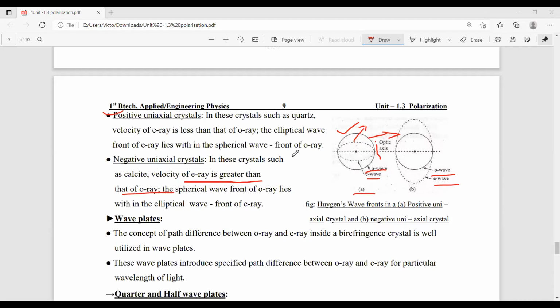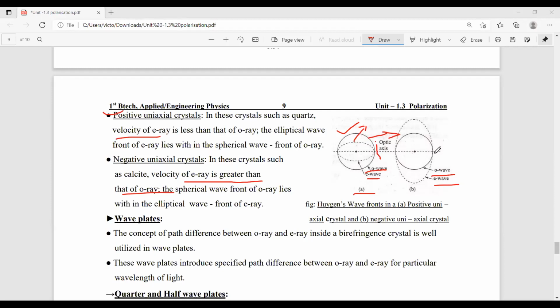So here, both the positive and negative crystals exist in the same quartz material. But the variation depends upon the velocities of E ray and O ray. If the velocity of O ray is more, then it is called a positive uniaxial crystal.